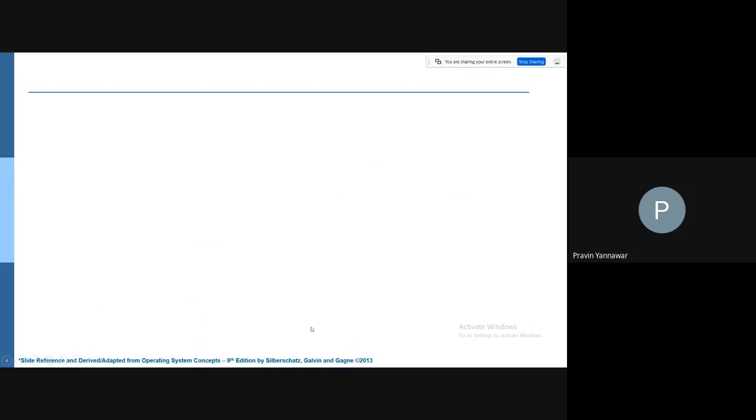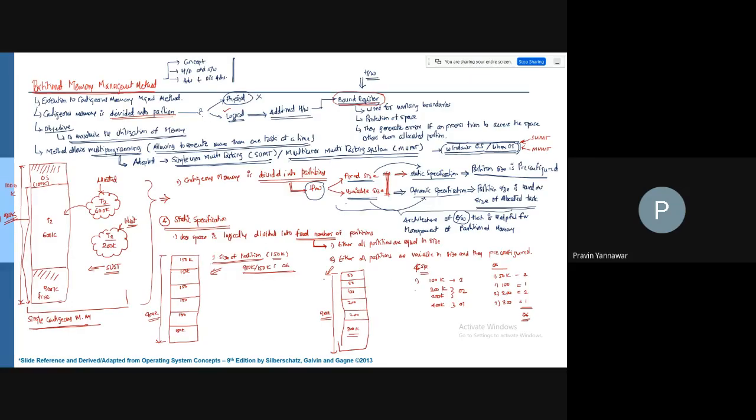Okay, so if this is an approach of creating a partition, we can adopt the method in this particular way. We can go for either a static partition by defining the total number of equally sized partitions, or we can have configured size partitions.